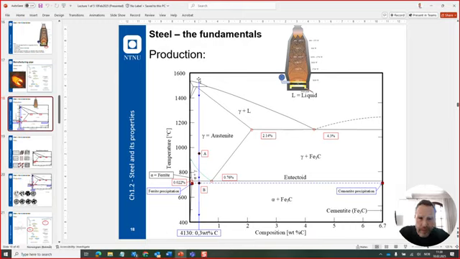As we go down and cool it off, at some point we'll get what is called austenite, which is a specific composition of steel plus steel melt. Going below into 1400 degrees Celsius, you will have pure austenite.